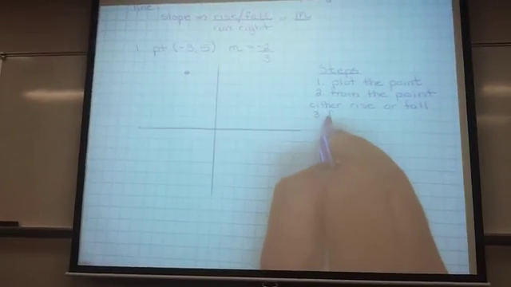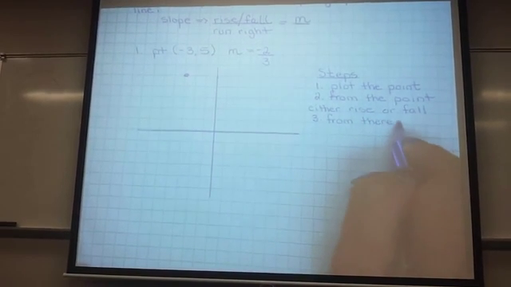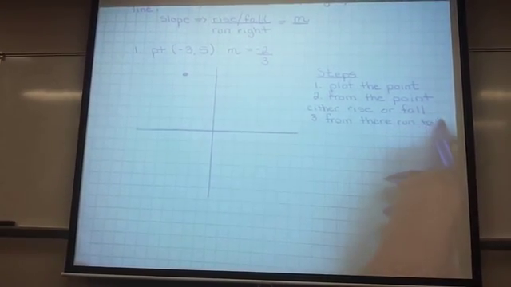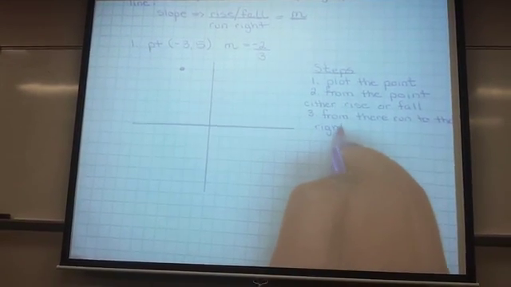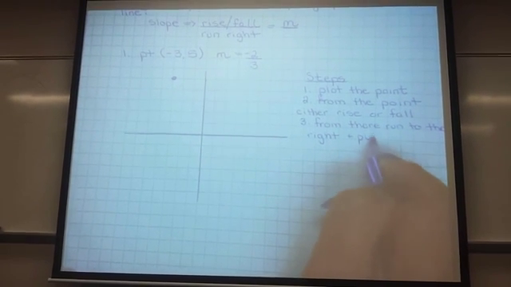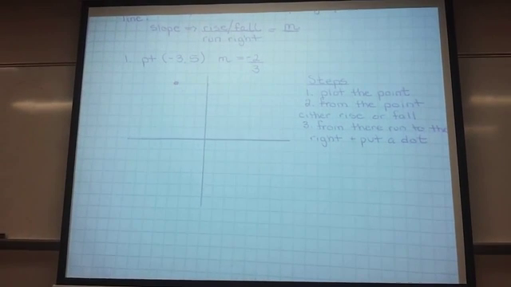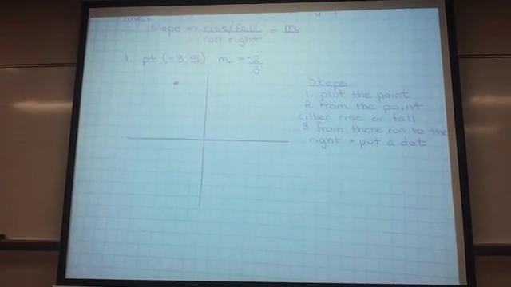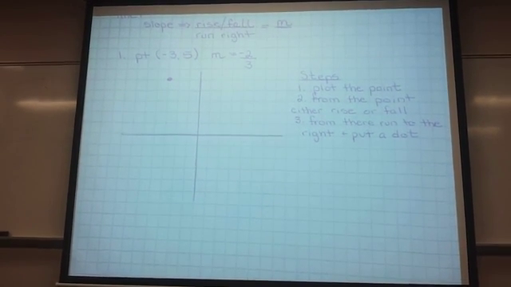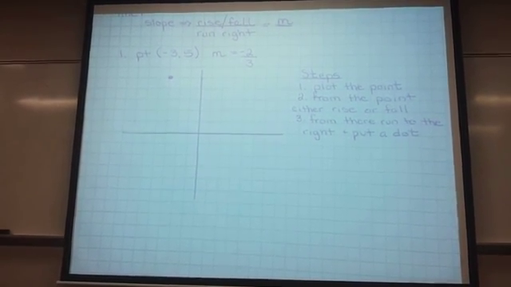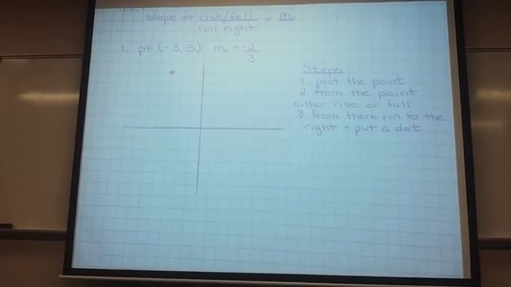From there, run to the right and put a dot. So there are 3 steps. First one, just plot the point, which you already know how to do, I'm hoping. Step 2, from that point, you're either going to rise or fall. And then from there, you're going to run to the right and put your second dot. So you should only have 2 dots when you do this problem.